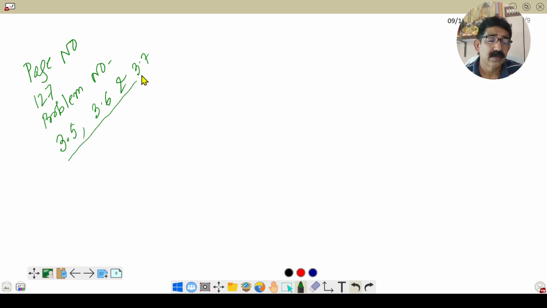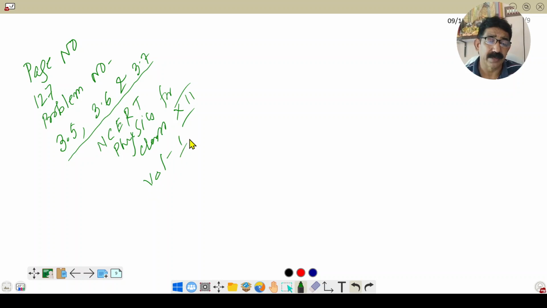You may go through the book of NCERT Physics for class 12, volume 1.